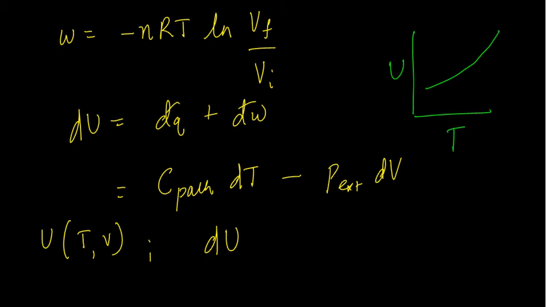Then if I want to say what is the change, delta U is equal to slope times delta T. That is what I would normally say, if my slope is constant. In the limit when delta T is very small, I could write dU by dT is equal to the slope.